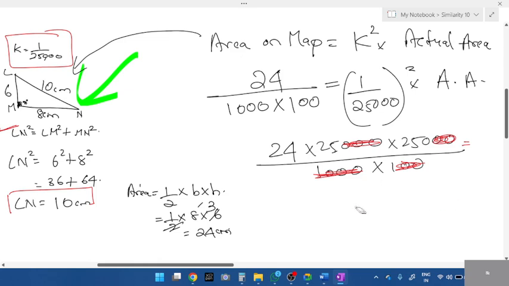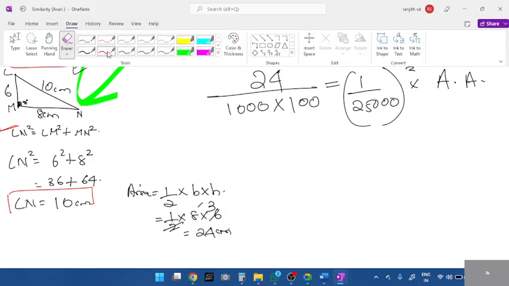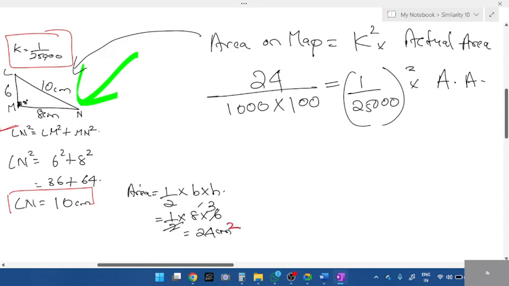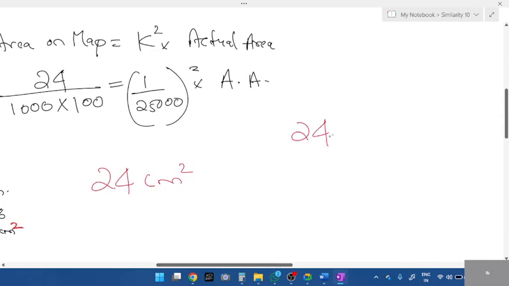Okay, fine. See, this one we have to divide twice, students. I'll tell you all the reason. What area did we get? 24 centimeter square, right? If you want to convert into kilometers, all of you listen carefully. How do you convert into kilometer? 24 divided by.